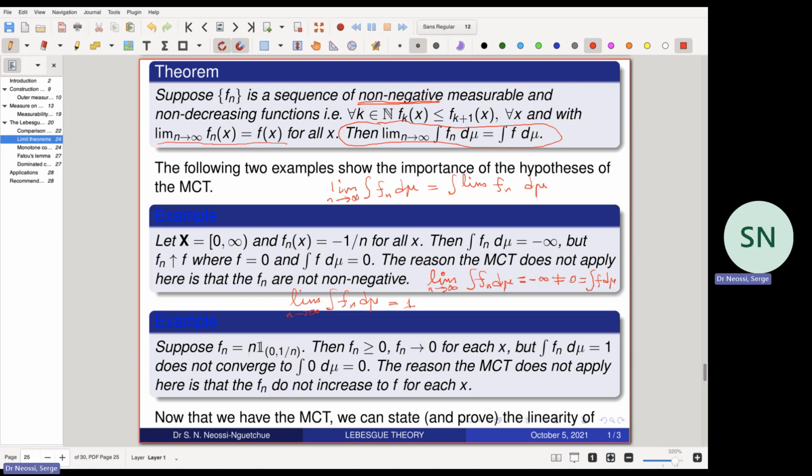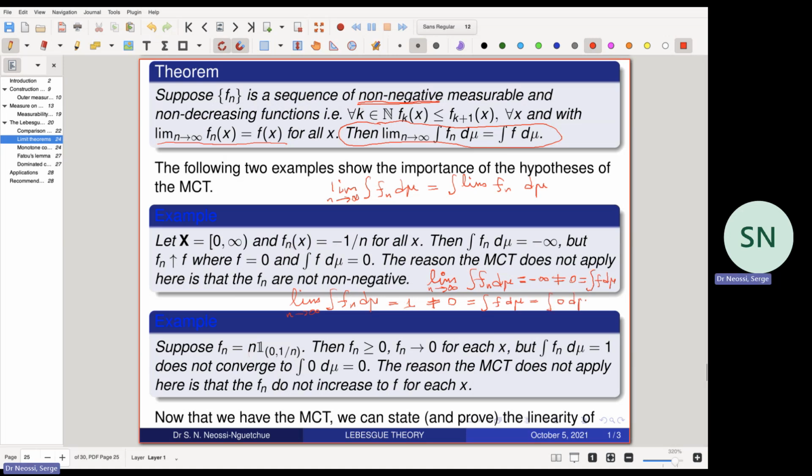But this limit, 1, is completely different from 0, which is the integral of the limit f, because that limit f is 0.